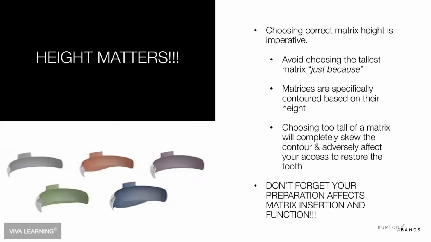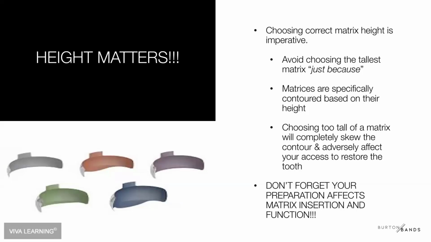And one of the main things is that height matters. I've spoken with a lot of dentists, a lot of colleague friends, and asked them what they were using, and I would even open my old school Palodent box and see that I was only using the 5.5s. That was it. It was just get the 5.5, get the 5.5.